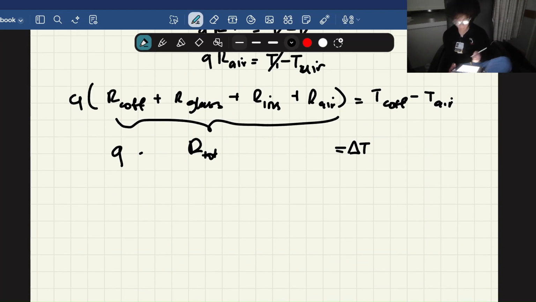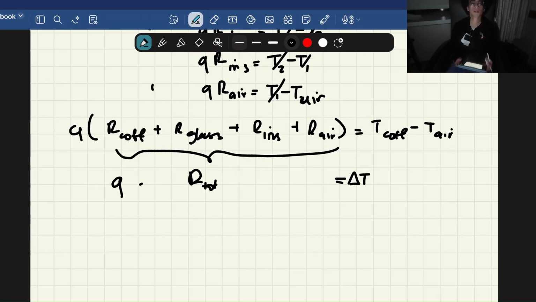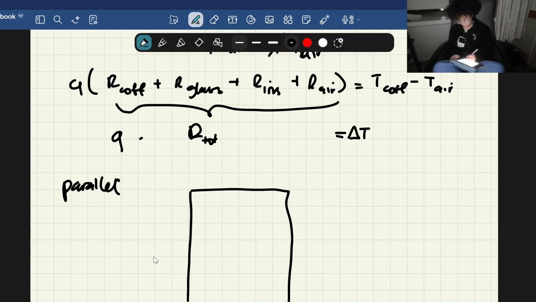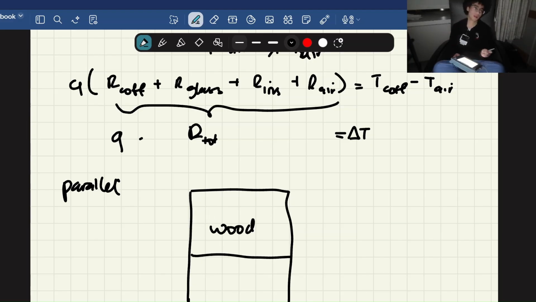And now we're gonna move on to parallel. So for parallel, we have a scenario where we have a wall as well, and it's divided: we have a layer of wood on the left, let's say, and then brick on the right.